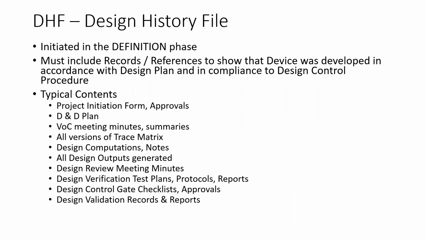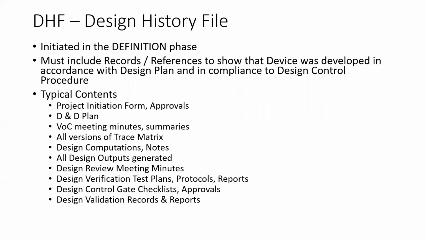So what typically goes into a design history file? Starting from initiation, approvals, the design plan, all user meetings, all design team meetings, all minutes, all design computations, calculations, verifications, fluid analysis, finite element analysis, all design outputs, drawings, specifications, review meetings, meeting minutes, test plans, test protocols, actual tests, test reports, all versions.